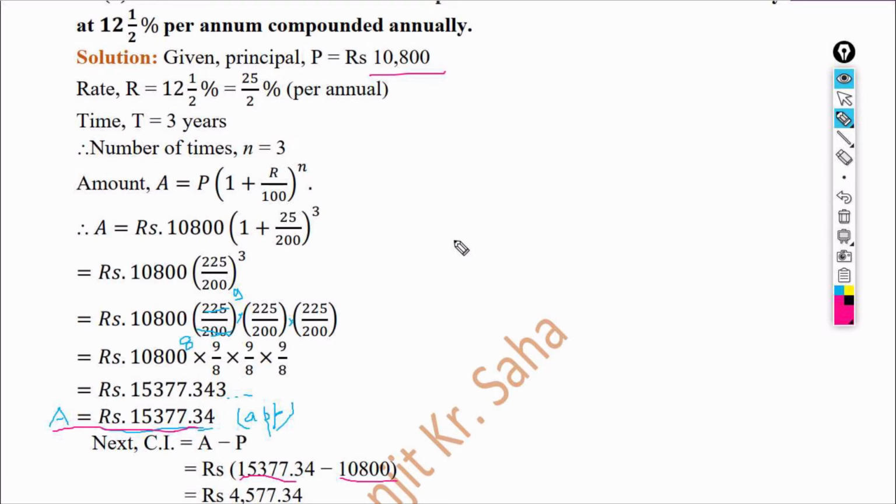The difference of both is rupees 4,577.34 paise. Now it is very simple.